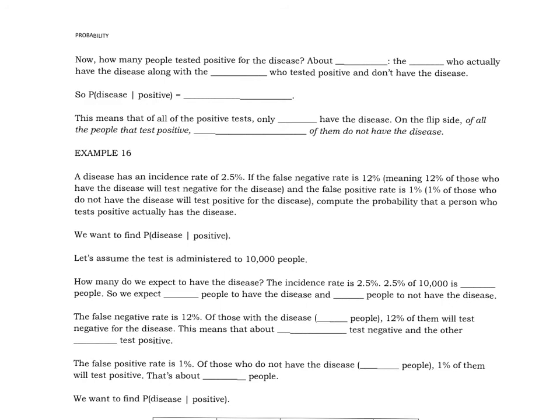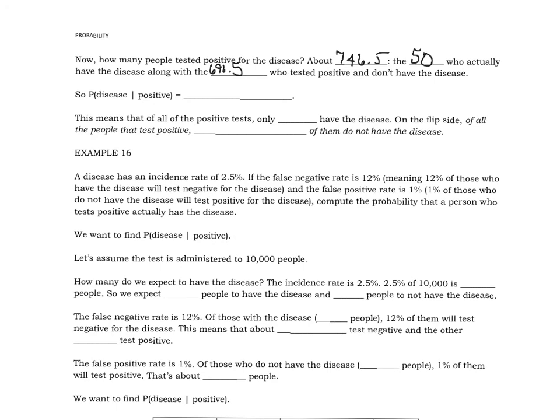It says, now how many people test positive for the disease? So we had said that that was 746 and 5/10, and we got that from the 50 who actually had the disease, along with the 696 and 5/10 who tested positive and didn't have the disease. So here is what they asked.